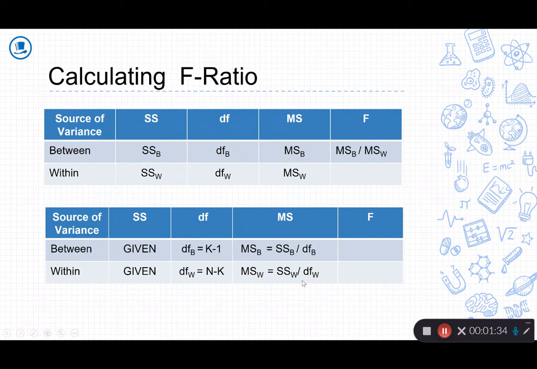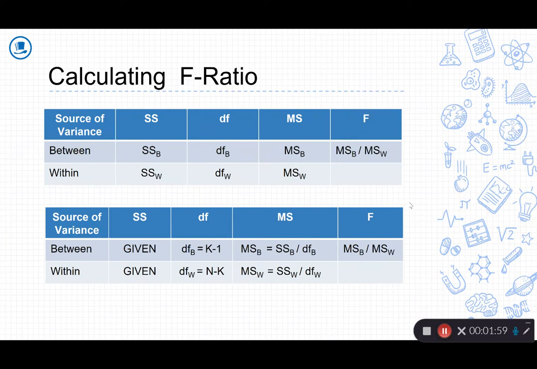And you see there had been a typo, but I just fixed it, right? These are now W's. Once you get the mean squares, then you can calculate the F ratio, the F statistic, by dividing the mean square between by the mean square within. So this is effectively going to be step 3 of hypothesis testing.